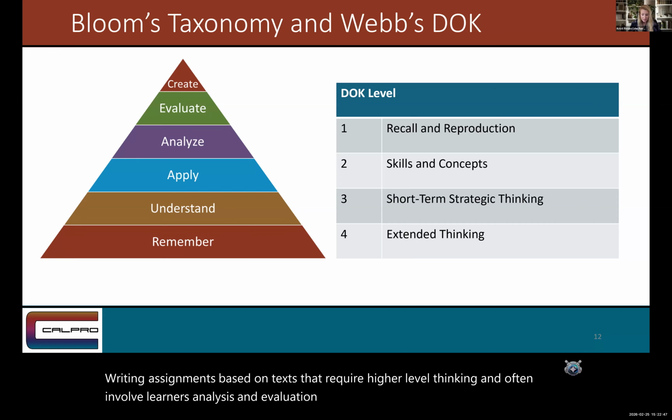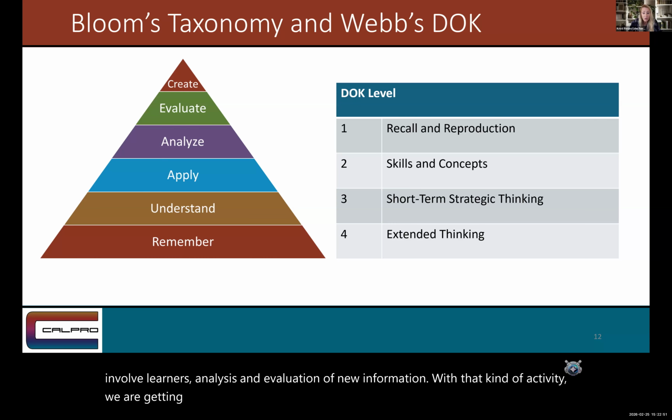With that kind of activity, we are getting closer to Bloom's taxonomy level 4 and 5, and students are engaging in multi-step thinking, Webb's depth of knowledge level 2, for example.